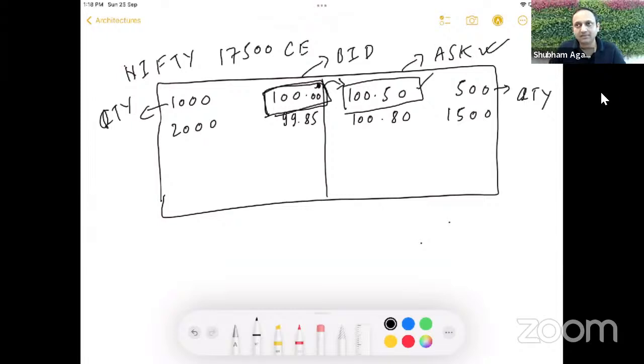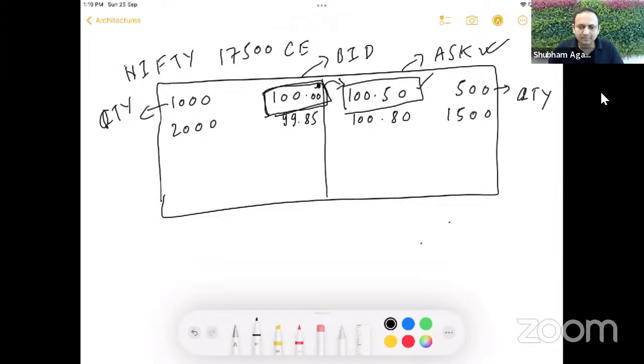A new buyer came, and instead of putting at bid, he directly said, okay, somebody is ready to sell at 100.5, I'll go and buy at 100.5. So there could be two scenarios: the existing buyer is increasing the price, which also means aggression, or a new buyer comes in and buys at the ask price.